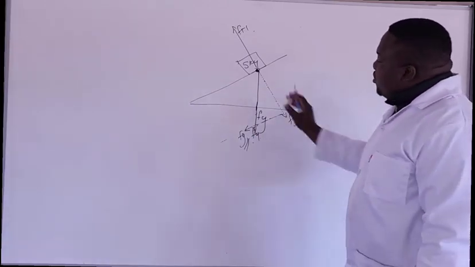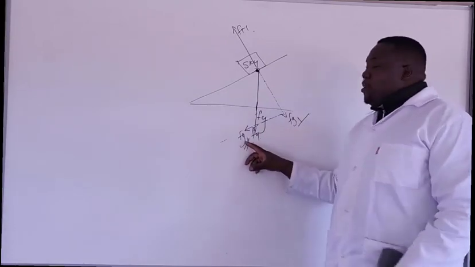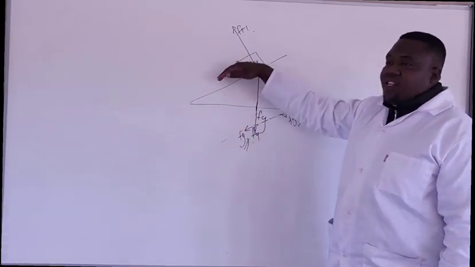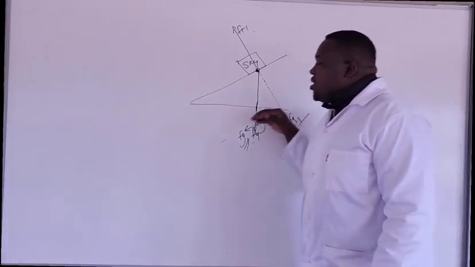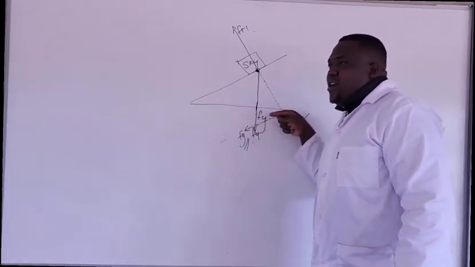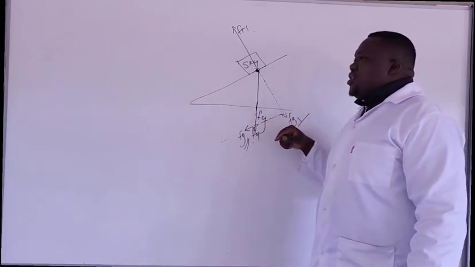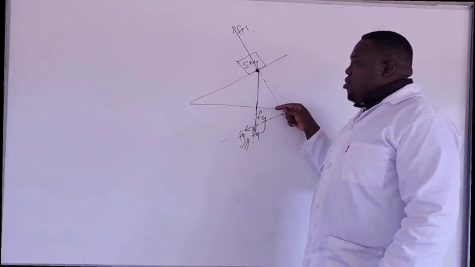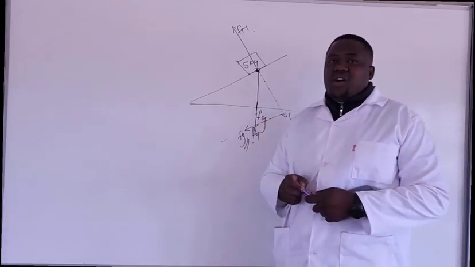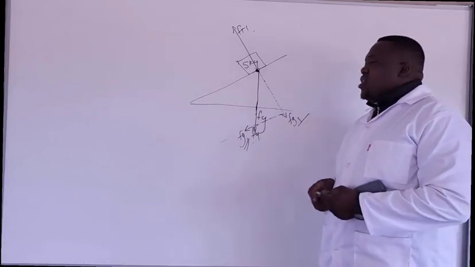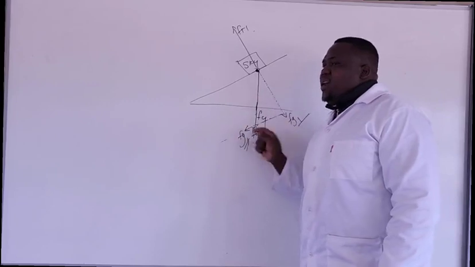You can see that there is a triangle that is created. So this one is called Fg parallel. It is parallel to the surface. What is its function? Its function is to stress an object to move down the incline. So the function of Fg parallel is to stress an object to move down the incline.